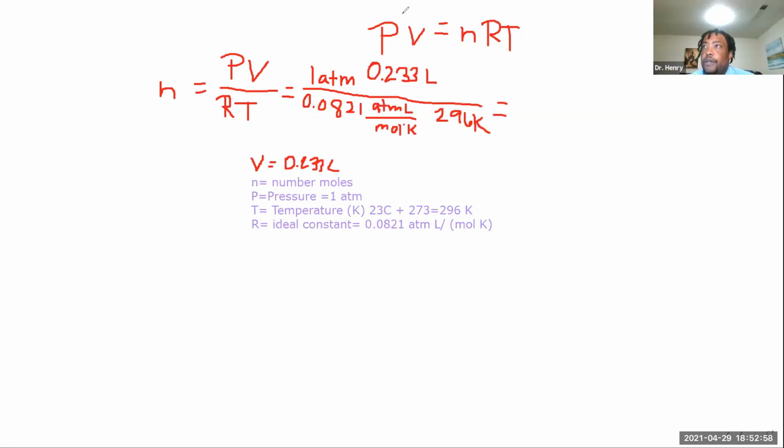Okay, so my units, Kelvins are going to cancel out. The atm liters are going to cancel out, and so I'll be left with just moles at the end. So do that math. So I get 0.00.